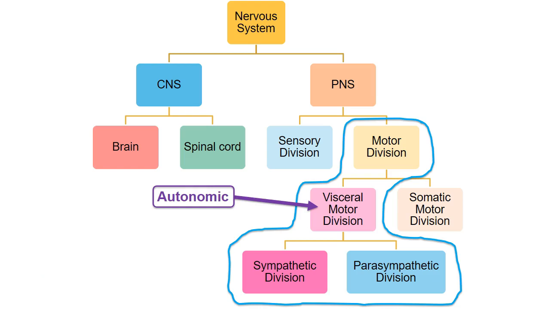So this other part of this motor division are what we're going to talk about today. So here, this is called the visceral motor division, also the autonomic, meaning that we don't have intent over this control. And then you can break this up into two divisions, a sympathetic and parasympathetic, and we're going to talk about the division of these two in just a second.